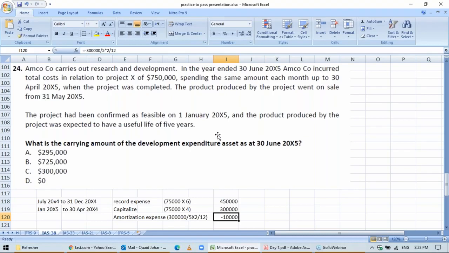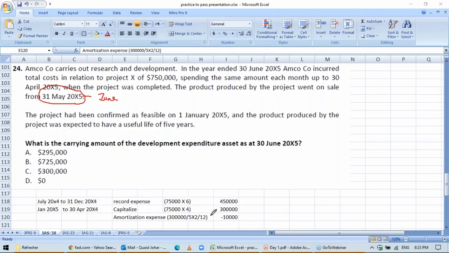In fact, they say the product produced by the project went on sale from 31st of May, 1 month amortization only. So only 1 month amortization will be charged, because after May you will be charging amortization as the revenue started generating on 31st of May. So only in June the benefit started flowing and the asset was available.